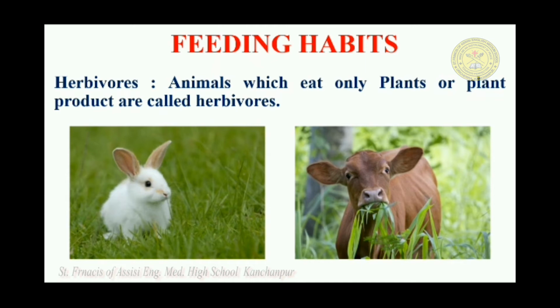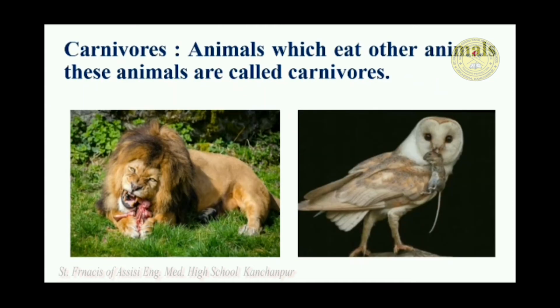Now next is carnivores. Some animals eat only the flesh and meat of other animals. These are called carnivores. Carnivores means these animals eat only other animals. Examples are lion, tiger, leopard and wolf.